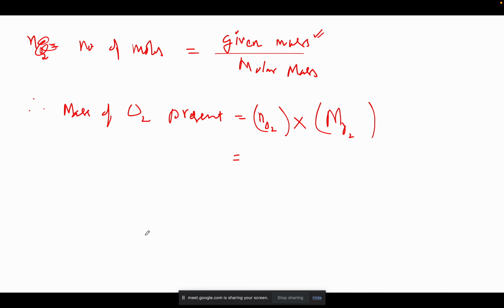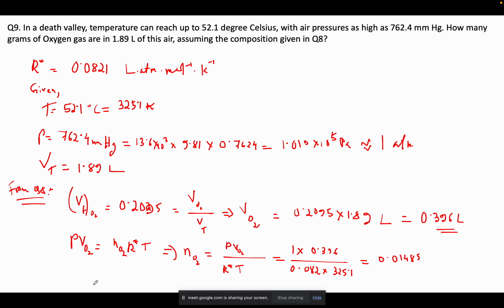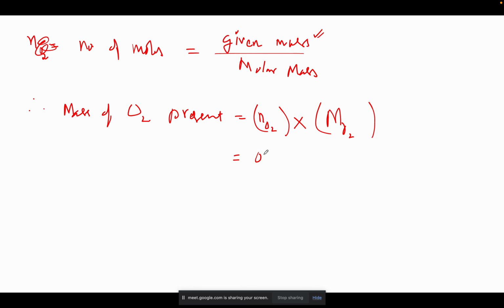What is the number of moles of oxygen we got? 0.01485. And the molar mass of oxygen is 32 grams per mole, so mole and mole get cancelled. This much gram will be there: 0.4752 grams.